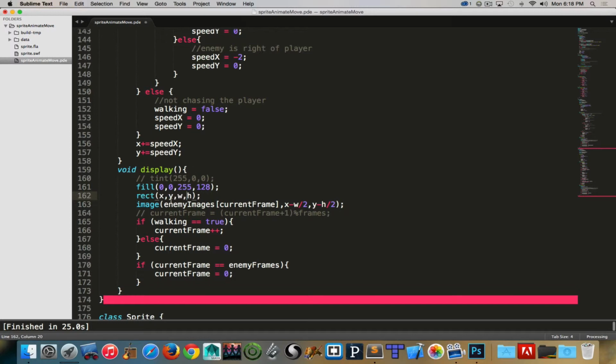And by turning on the rectangles here, we take away half of the height, height divided by 2, and take away half of the width, w divided by 2.